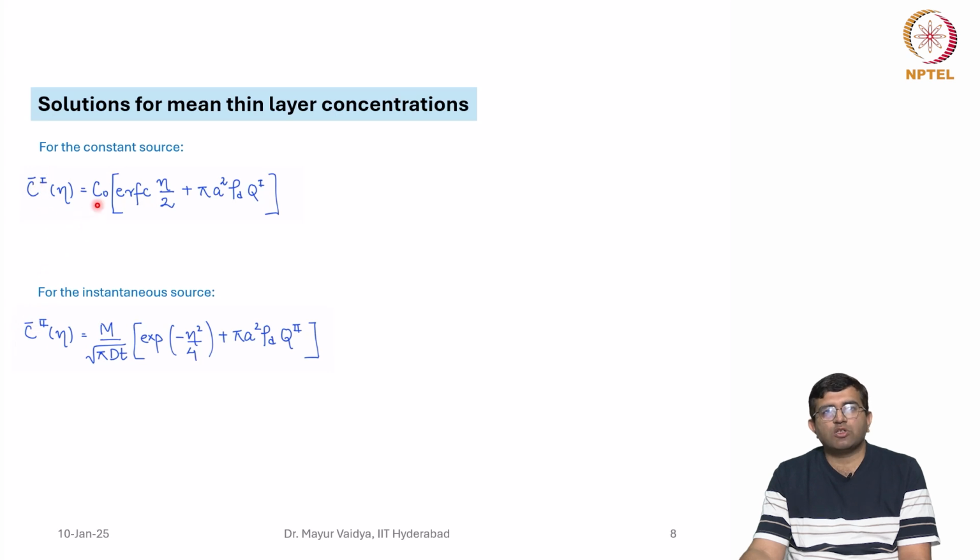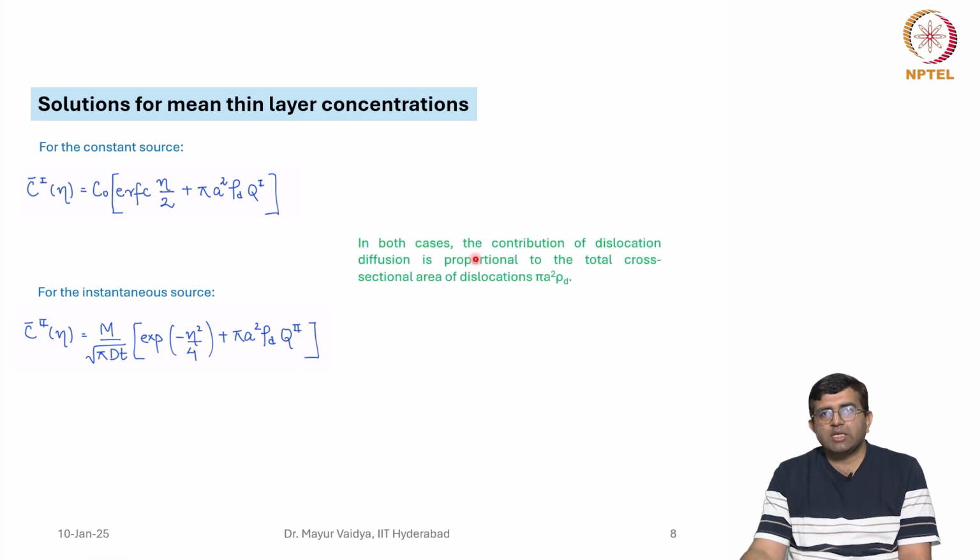So this average concentration consists of two terms. One is this complementary error function of eta by 2 plus pi a square rho d into Q1. What is this Q1? I will tell you shortly. For the instantaneous source, the dependence of the first term is not the error function, but it is exponential minus eta square by 4 plus pi a square rho d into Q2.